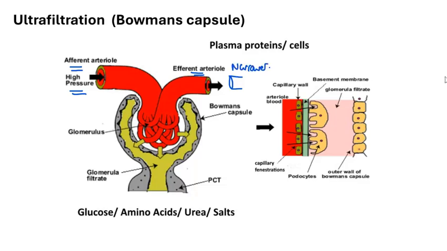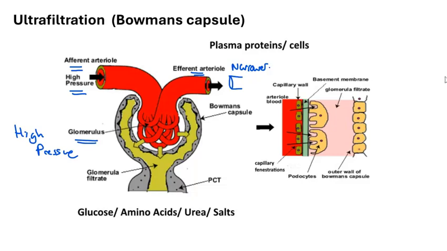And the effect of this is to create a back pressure in between the afferent and efferent arteriole. This is in the capillary network known as the glomerulus. So in this network of blood vessels inside the Bowman's capsule here, we have the glomerulus and we are under high pressure, much higher pressure.